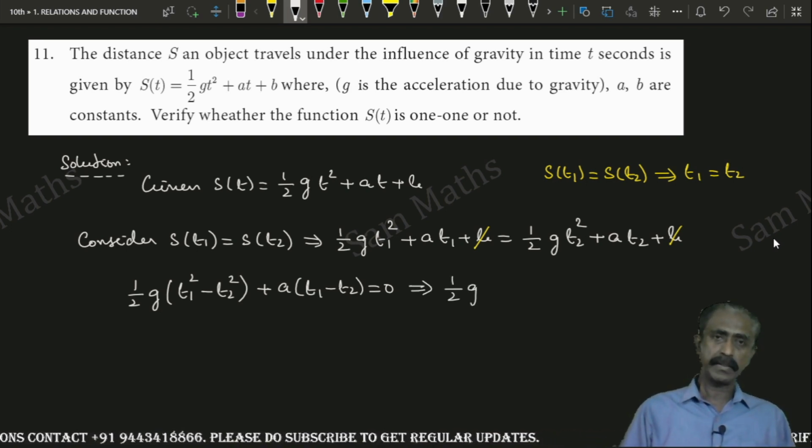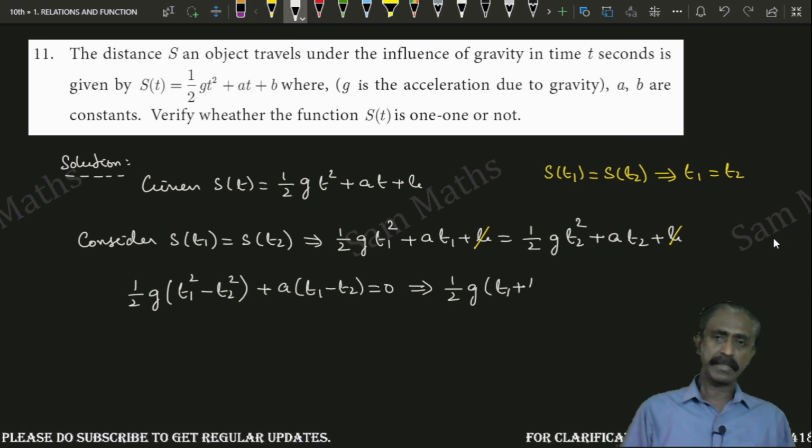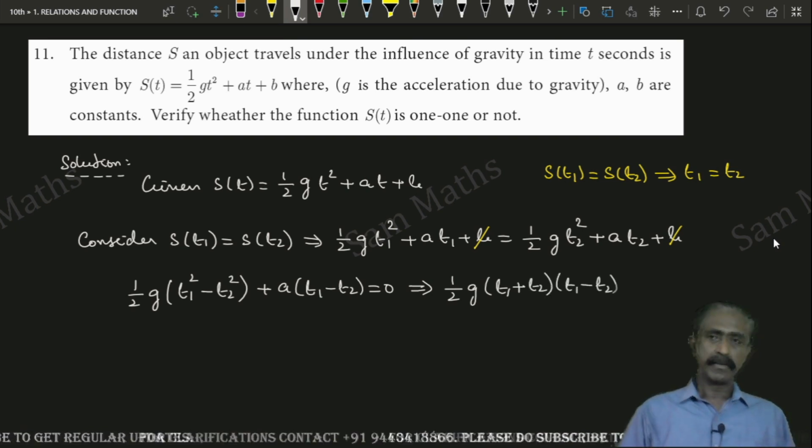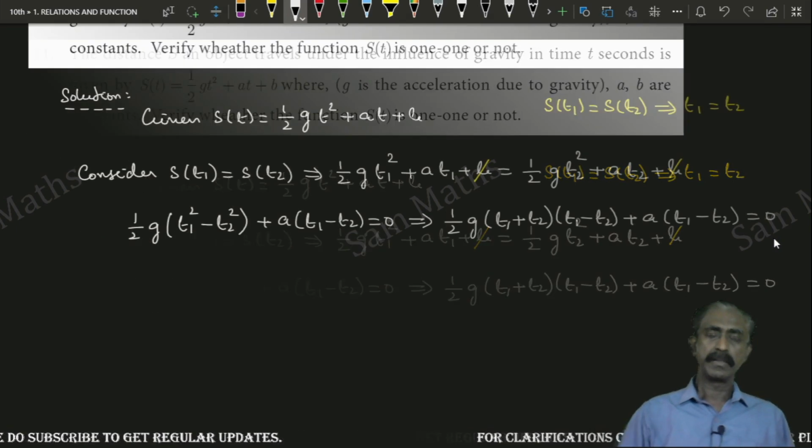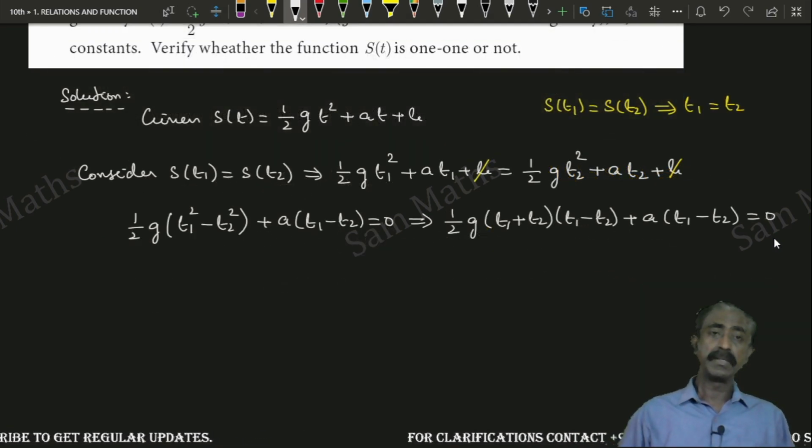which implies half g into t1 square minus t2 square, that is t1 plus t2 into t1 minus t2, plus a into t1 minus t2 equal to 0. Now in both the terms t1 minus t2 is common.